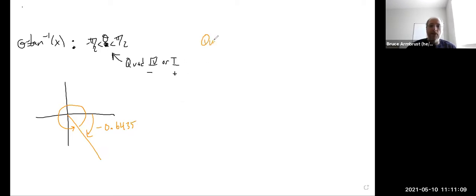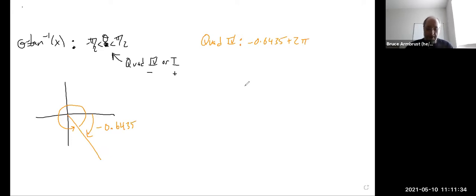So the quadrant 4 one, we're going to get that by doing the negative 0.6435 plus 2 pi. So it's still coterminal, means it's in the same quadrant, but now that number is going to be between 0 and 2 pi.